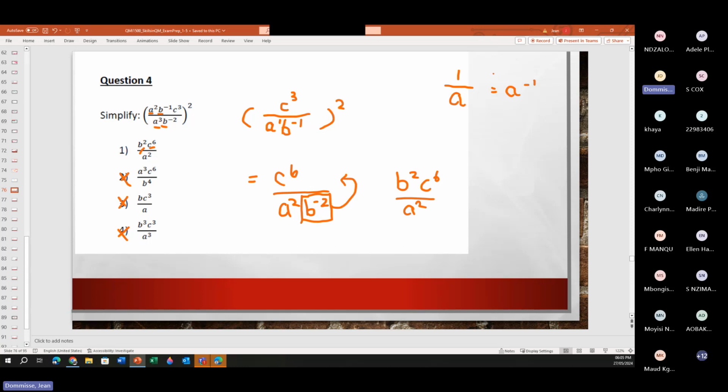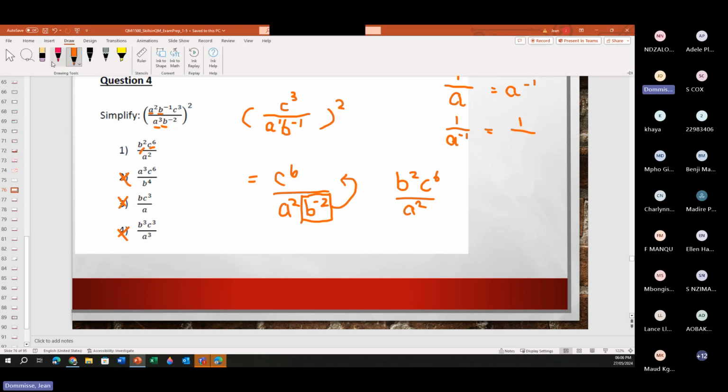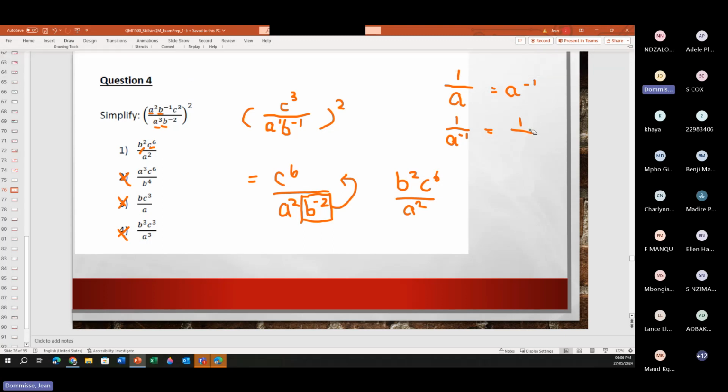Okay, so if I then say 1 over a to the power of minus 1, if 1 over a is equal to a to the power of minus 1, okay, so I'm now going to confuse you more.